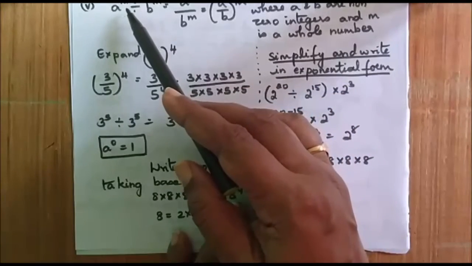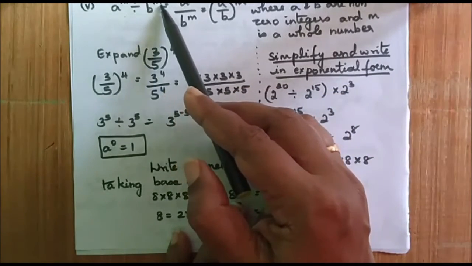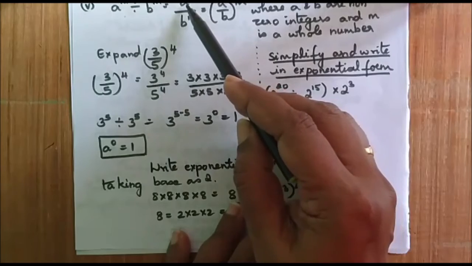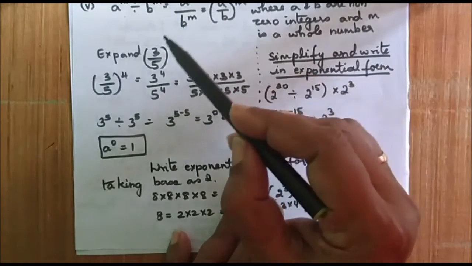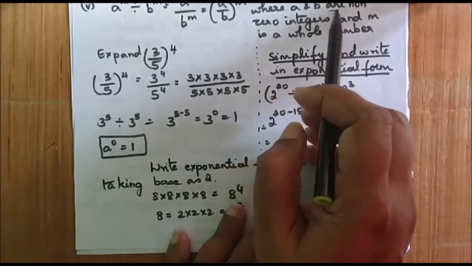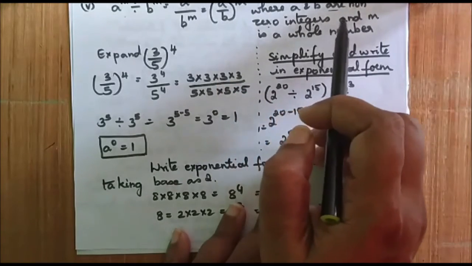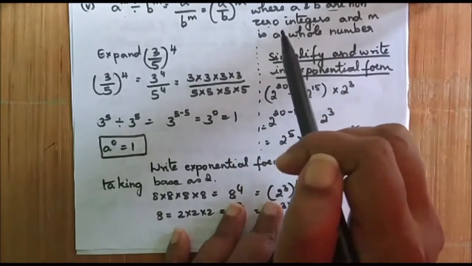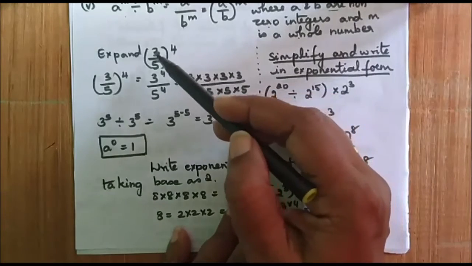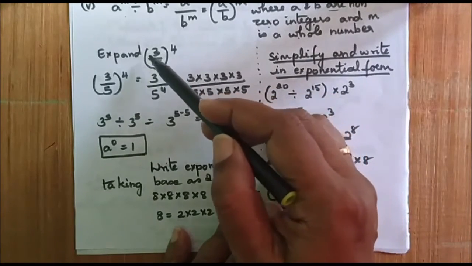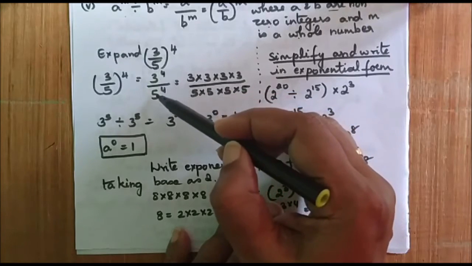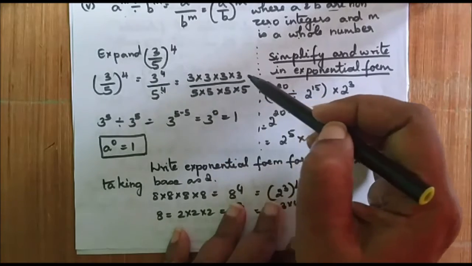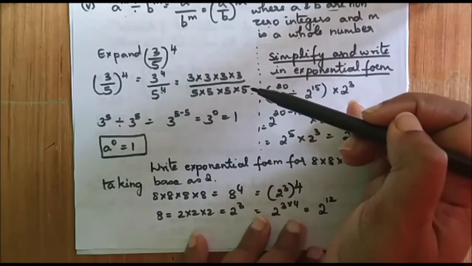When a to the power m is divided by b to the power m, we have a to the power m, b to the power m, or the whole a by b to the power m, where a and b are non-zero integers and m is a whole number. Okay. For example, 3 by 5, the whole to the power 4. We can write it as 3 power 4 and 5 power 4, and we can expand them and write like this.